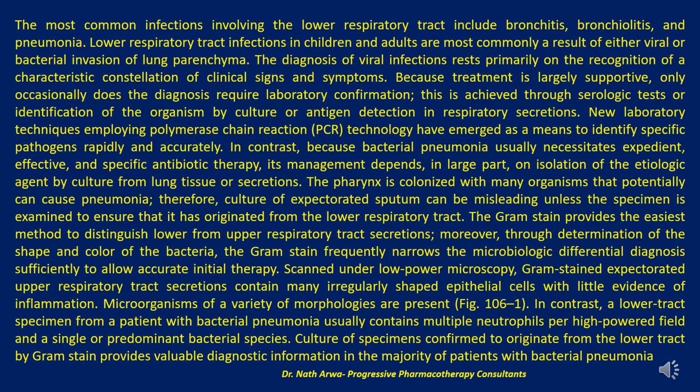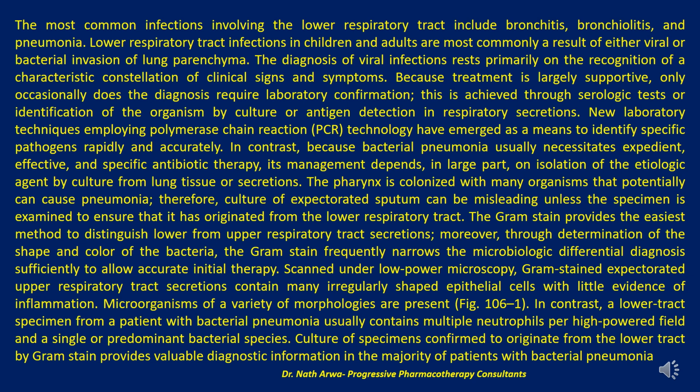Scanned under low-power microscopy, gram-stained expectorated upper respiratory tract secretions contain many irregularly shaped epithelial cells with little evidence of inflammation. Microorganisms of a variety of morphologies are present, as shown in Figure 106-1.